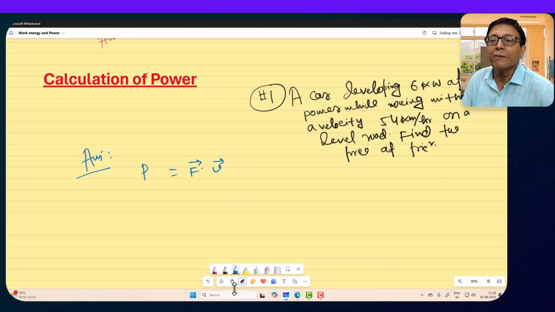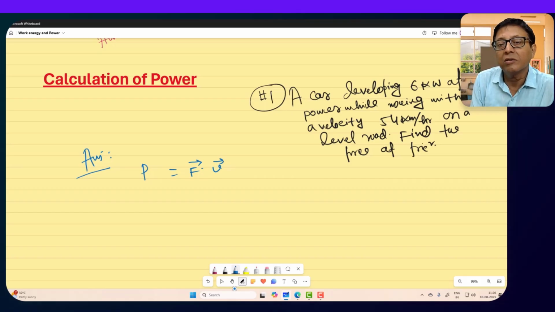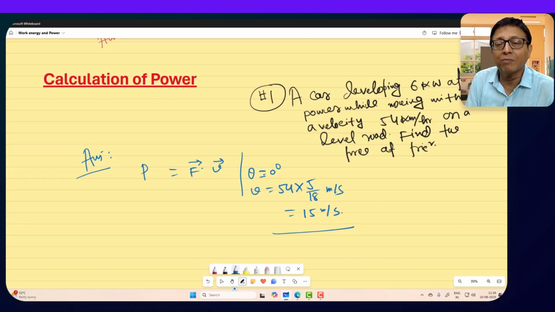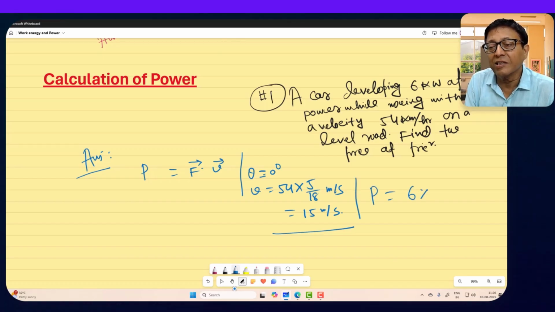P is equal to F dot V. This velocity 54 km per hour on a level road, so obviously theta is going to be 0 degree, same direction, and velocity will be 54 into 5 by 18 meter per second, that is 15 meter per second. They have given that power developed is 6 into 10 to the power 3 watt.